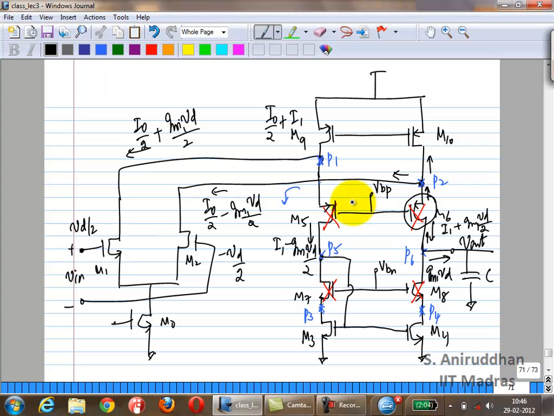What about the other devices? What other devices contribute noise? What happens to noise from M1 and M2? They appear directly at the output. It's just like a signal. Just like you have GM by 2 going to the output, you'll also have the noise of M1 and M2 going to the output. There's not a lot of difference.